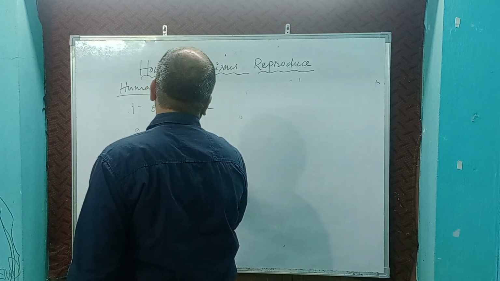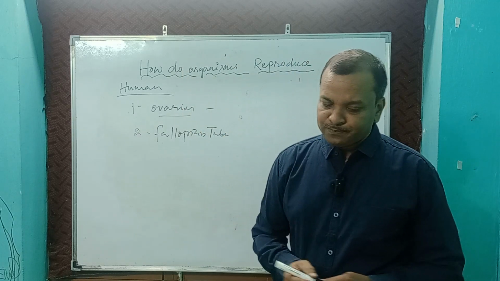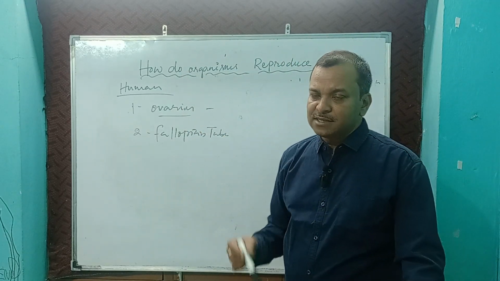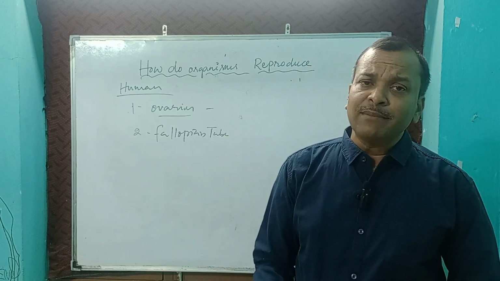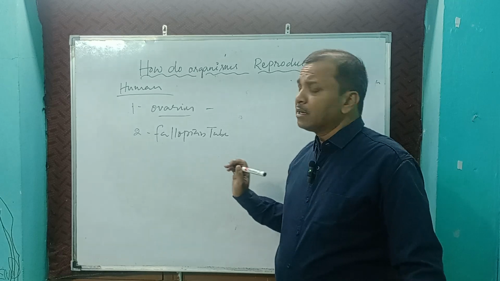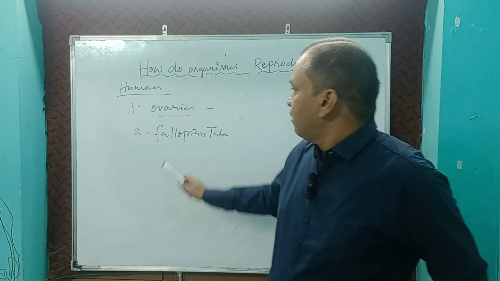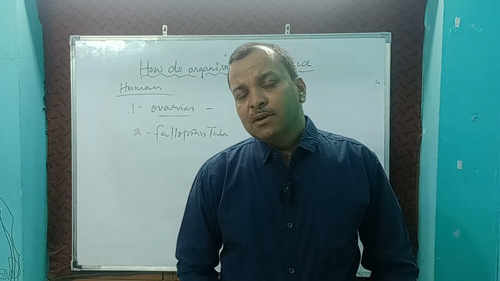Fallopian tube. It is also called the site of fertilization. Here fertilization occurs. So the question might come, what is the name? Site of fertilization. You have to write fallopian tube is the site of fertilization. It is a tube.